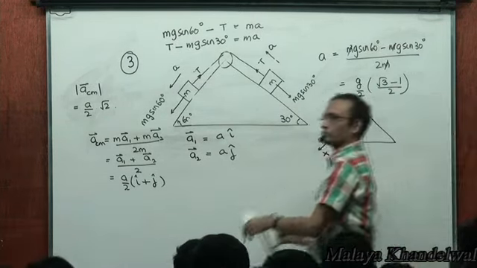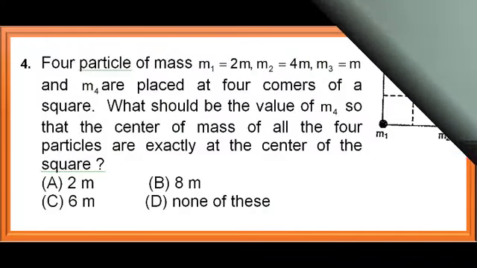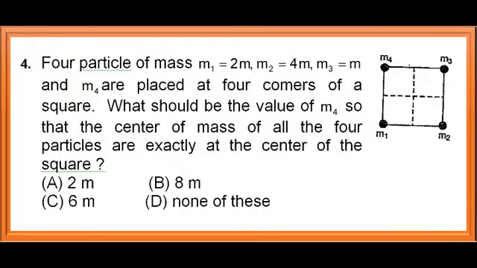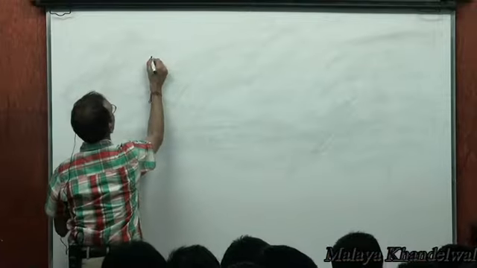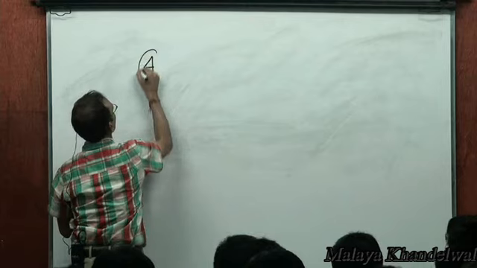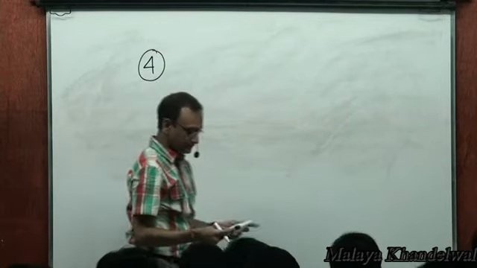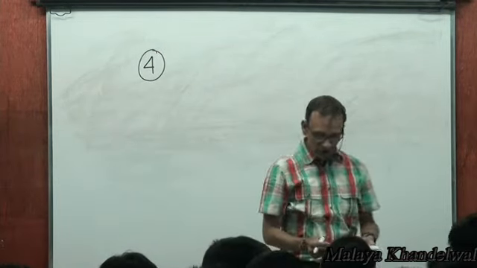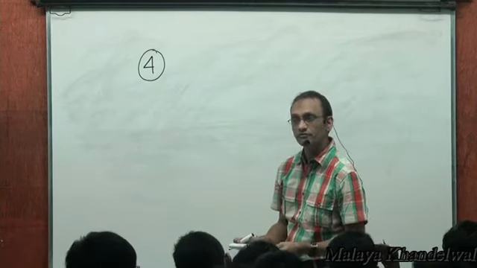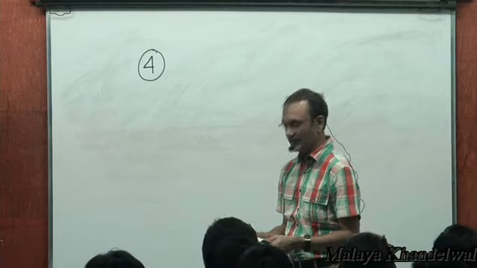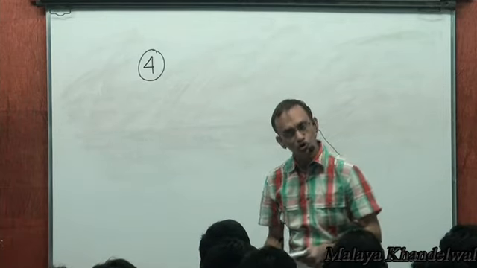Let's look at the next problem. So far so good, right? Problem 4. We have 4 masses, m1, m2, m3, m4, at the vertices of a square.